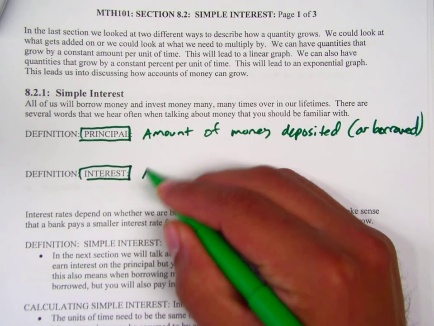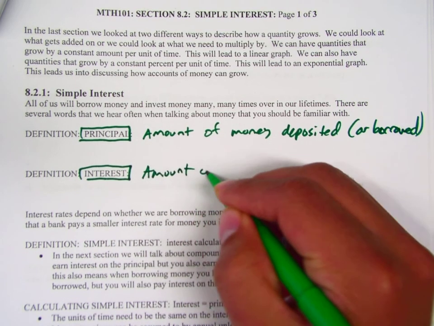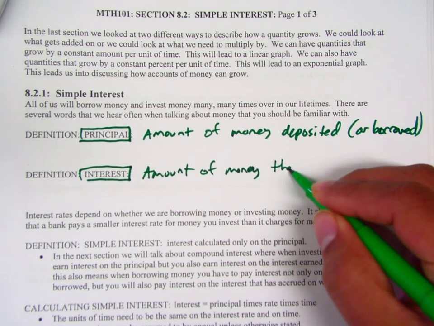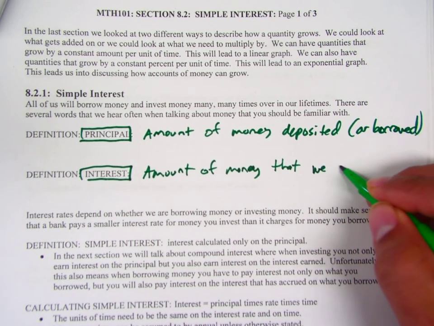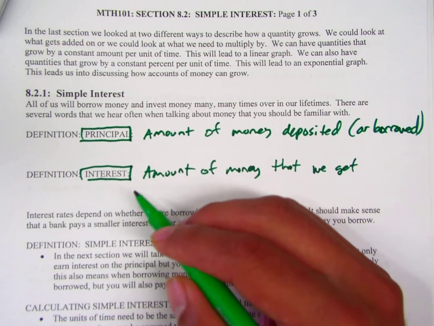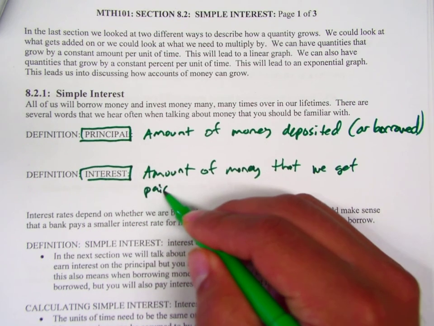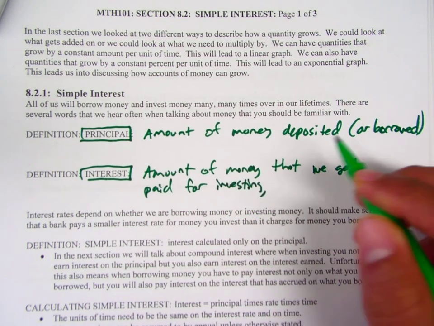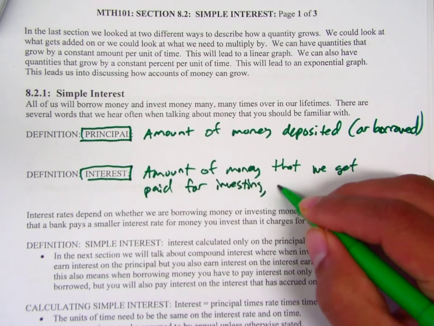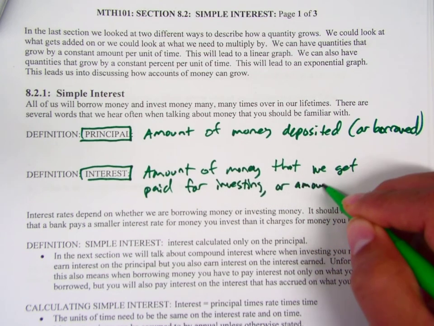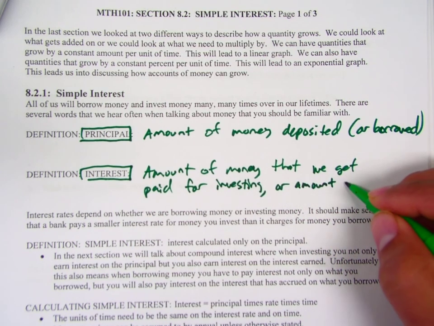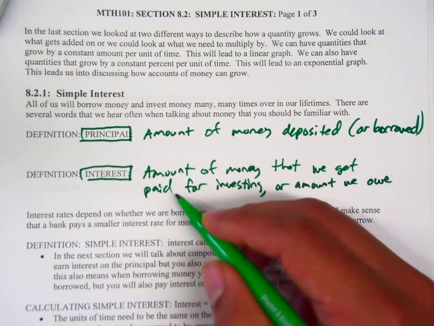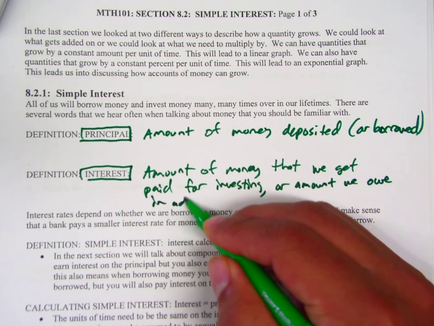Interest is the amount of money that we get paid for investing money, or the amount we owe in addition to a loan.